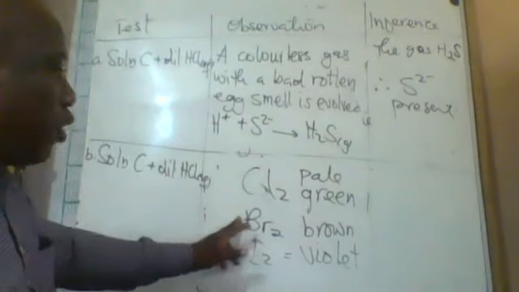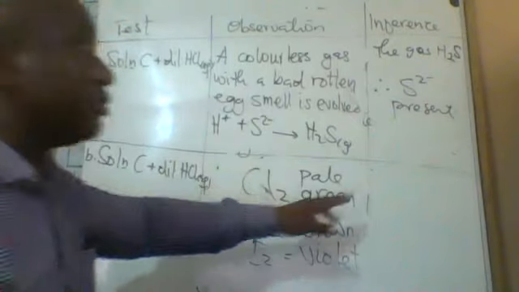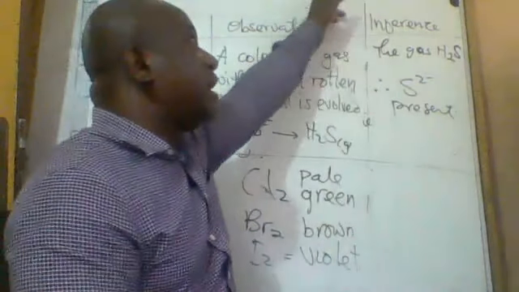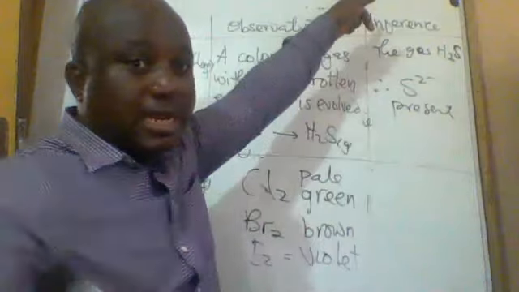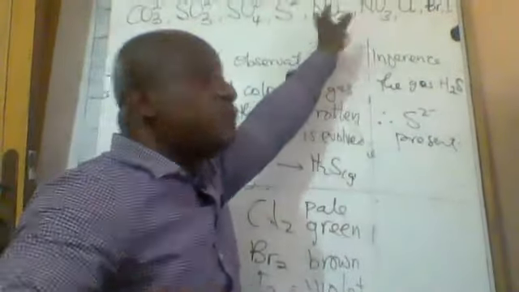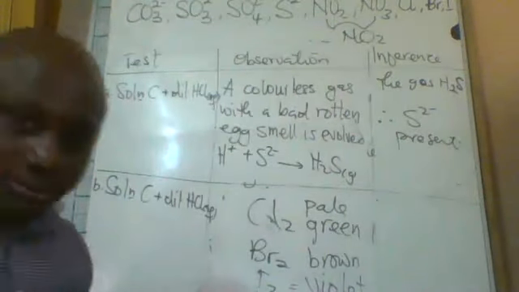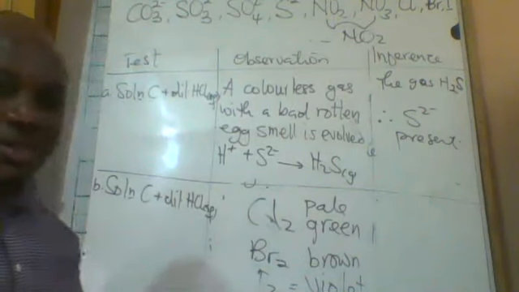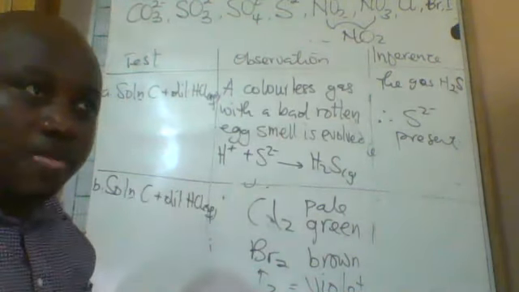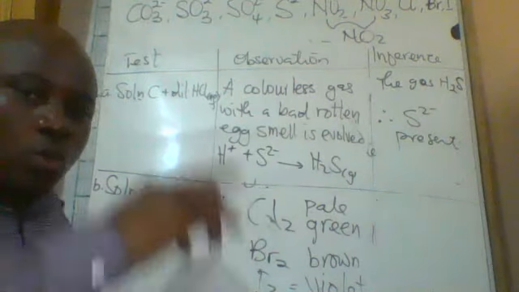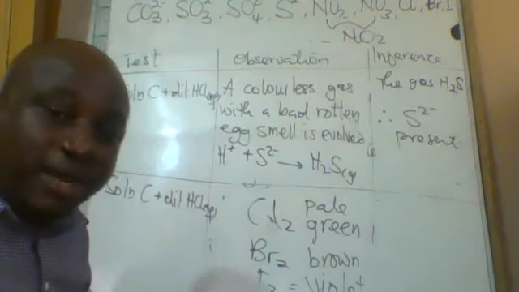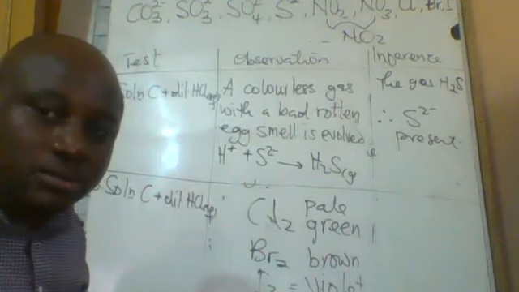So bromine, which is brown, and NO2 gas coming from the NO2 negative and the NO3 negative, these ones also generate some brown gas. The gas that comes out from that one is NO2. NO2 is brown. Bromine gas too is brown. The difference between these two browns: the bromine one will turn wet blue litmus paper red and after that bleach it.